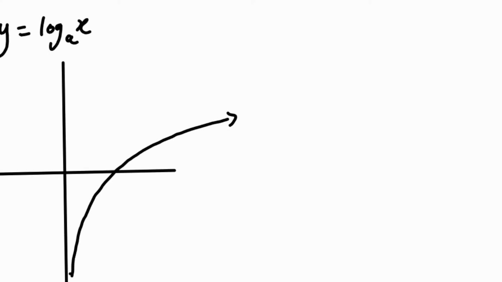So first thing to establish is that it exists on the positive x-axis only. Why? Because the log of a negative number is undefined. That's very important. And then you just need 3 points to draw a log or an exponential. One of those obvious points is the intercept, and then the other one, this is very key.